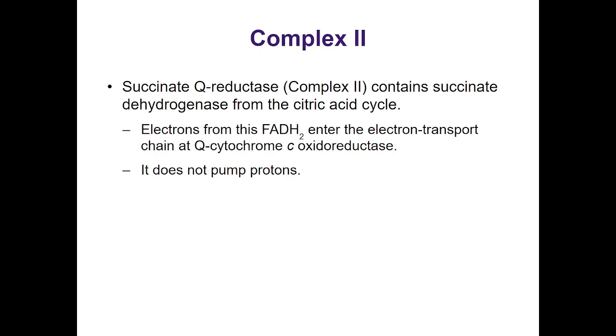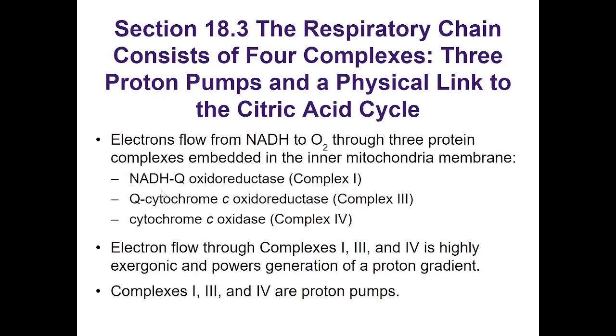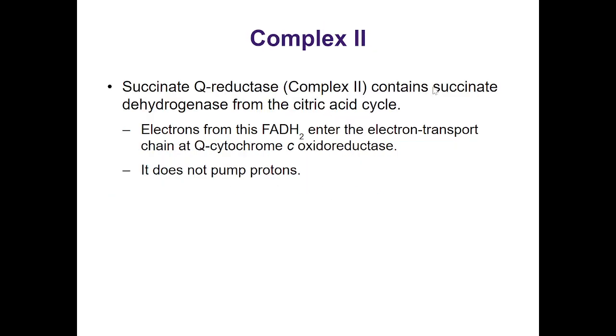The electrons from your FADH2 are going to enter your electron transport chain at the Q cytochrome C oxidoreductase. So the Q cytochrome C oxidoreductase is which complex again? Complex 3. Okay? And so it is easier to remember than you think, right?